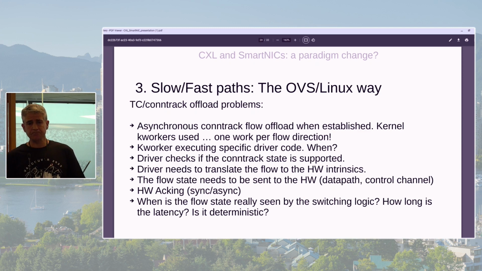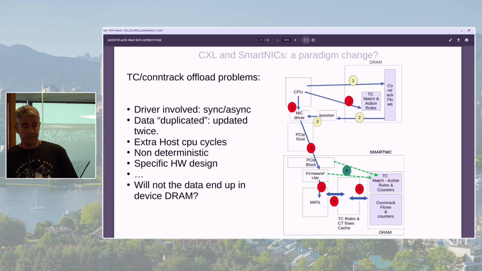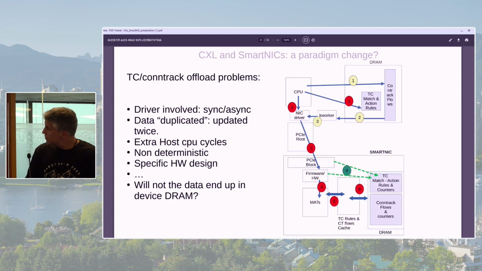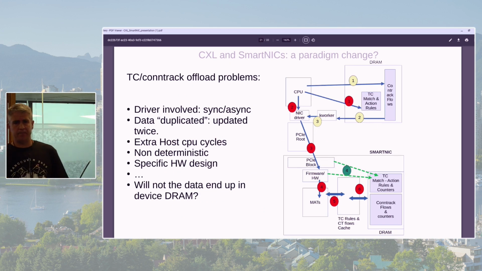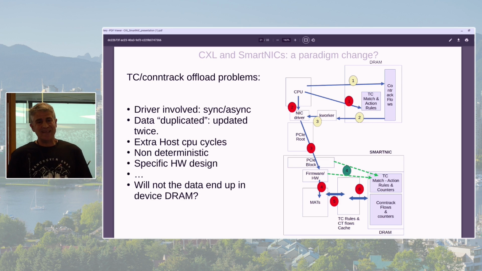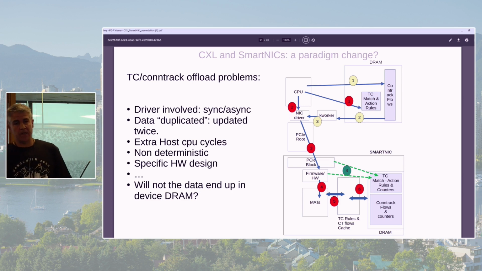But the main problem is also here: when can that flow be ready for the hardware data path to use it? Okay, so trying to give a graphical vision of what I have talked about. The problem that I want to emphasize is the duplication of the data. At the end, you have the data in the DRAM in the host.